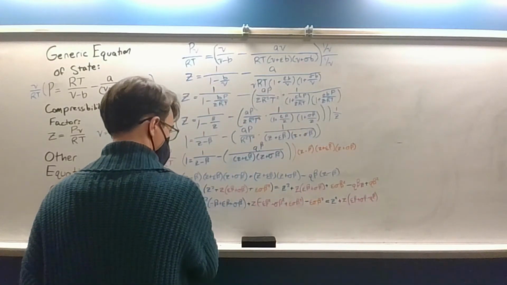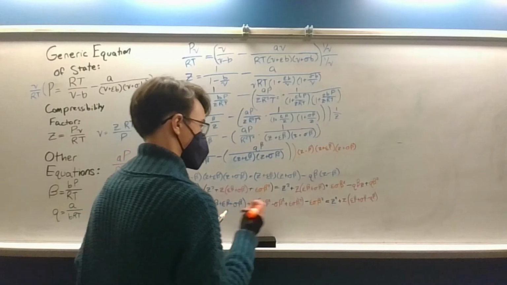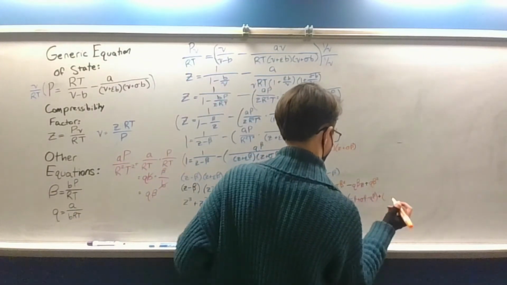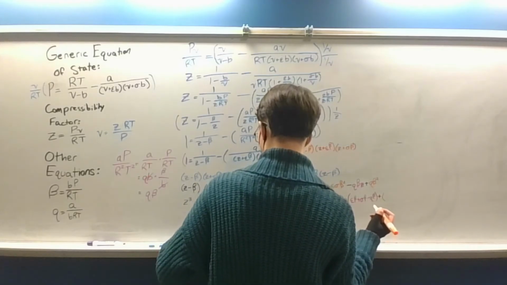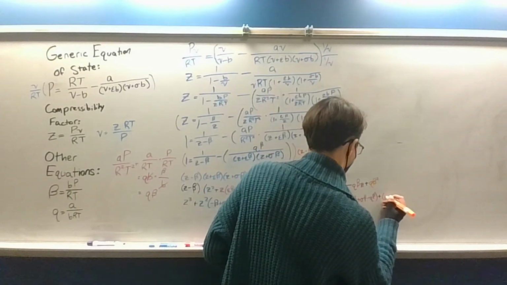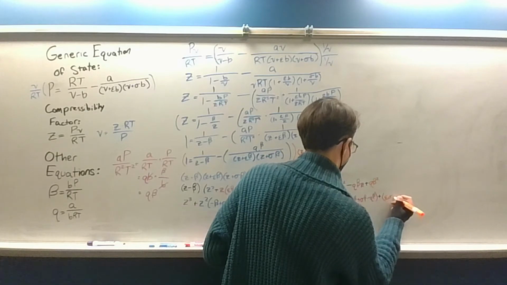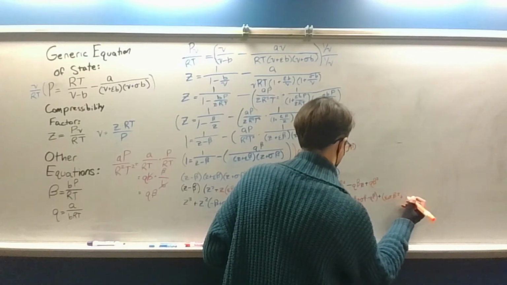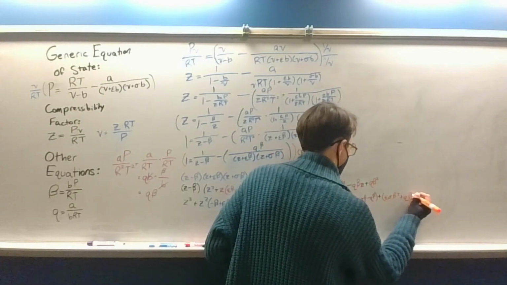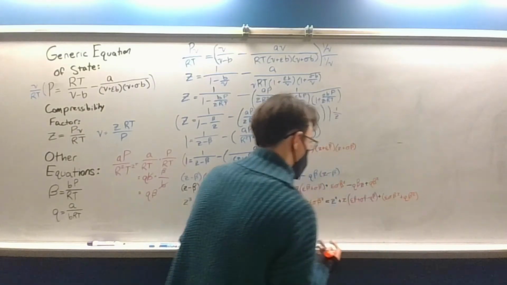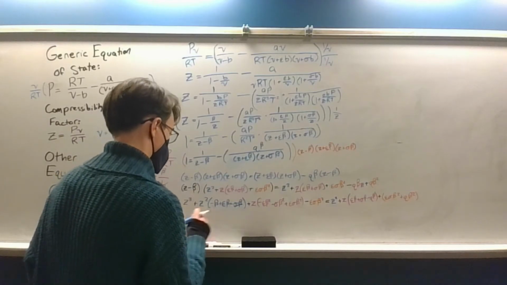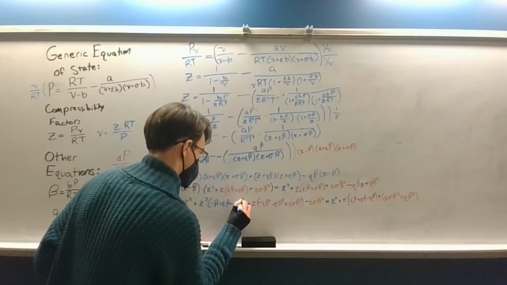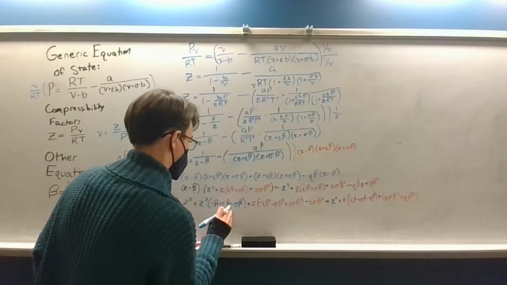And then for our constant terms, we will have epsilon sigma beta squared plus q beta squared. Alright.